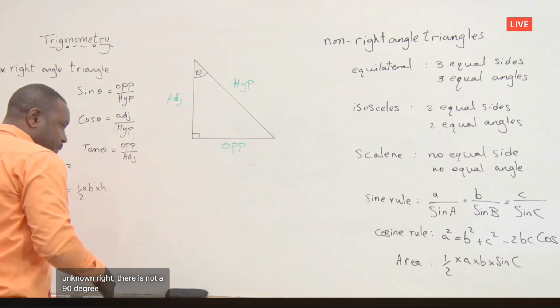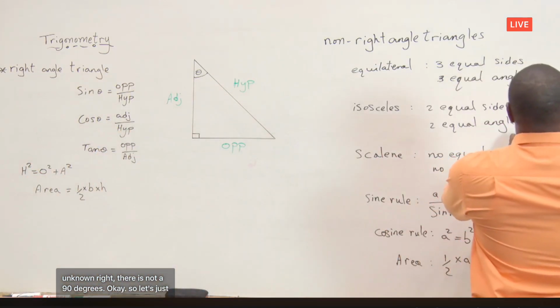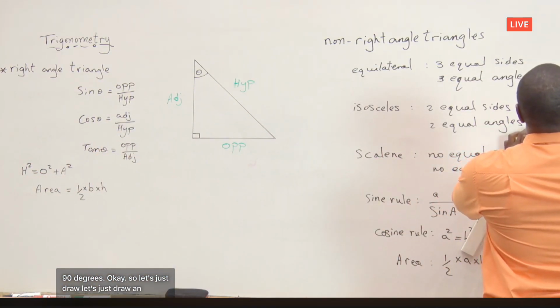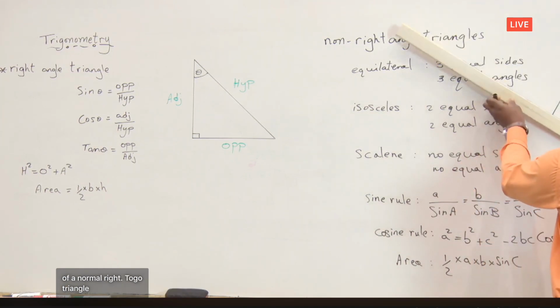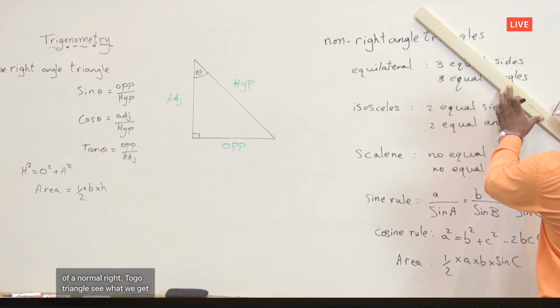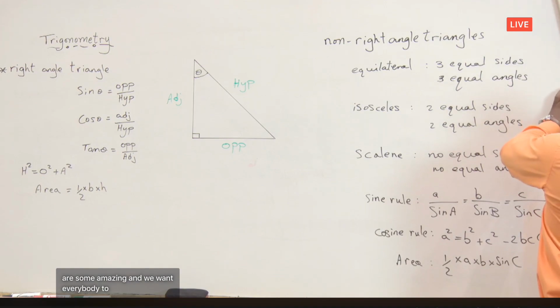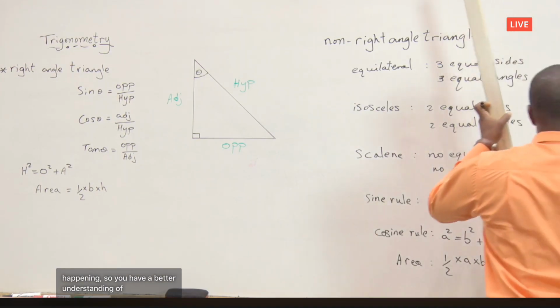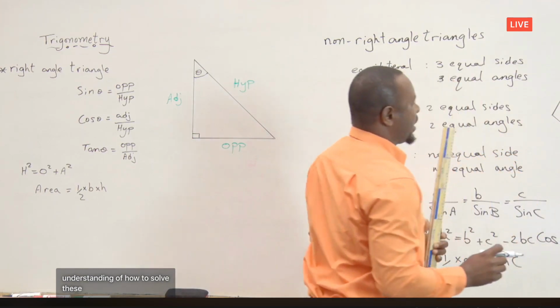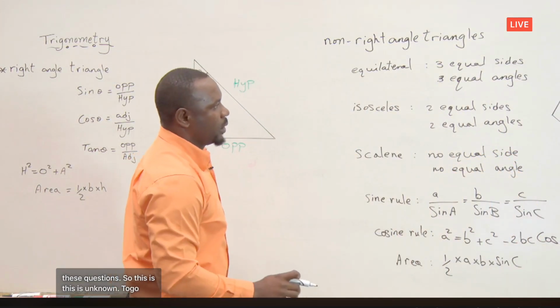So let's just draw an example of a non-right angle triangle, see what we get. So we are summarizing and we want everybody to follow what is happening so you have a better understanding of how to solve these questions. So this is a non-right angle triangle, okay?